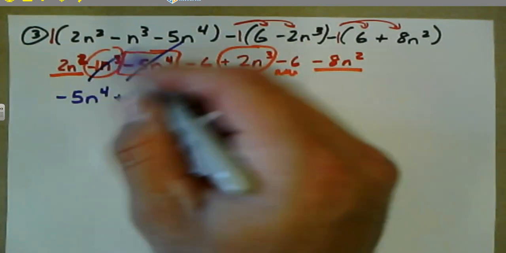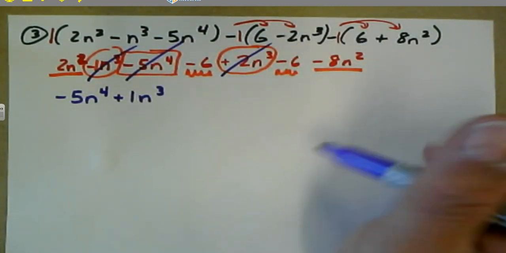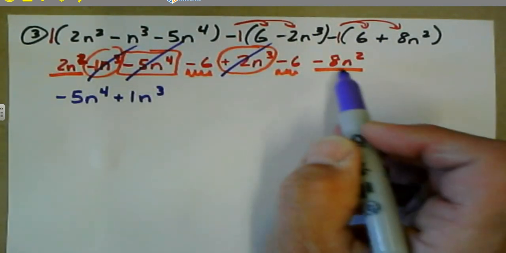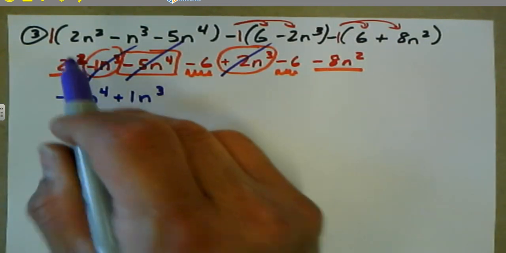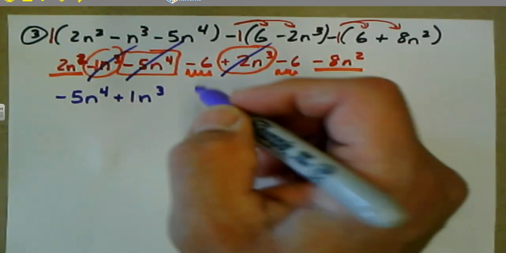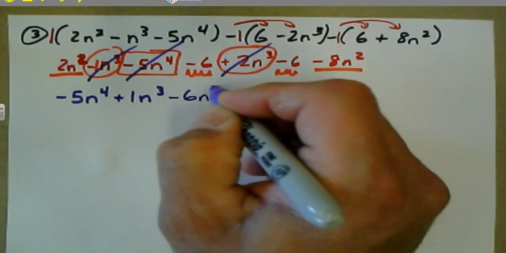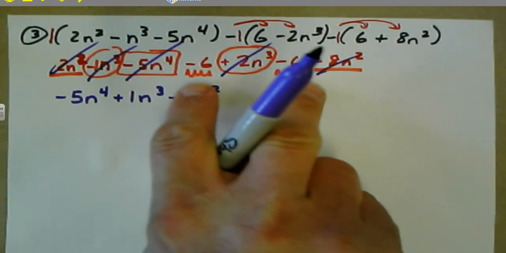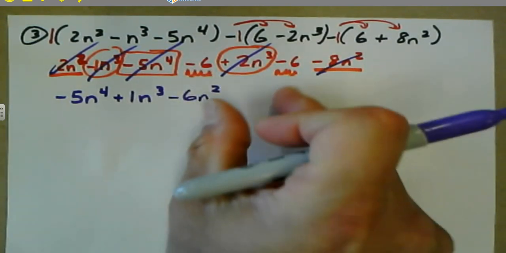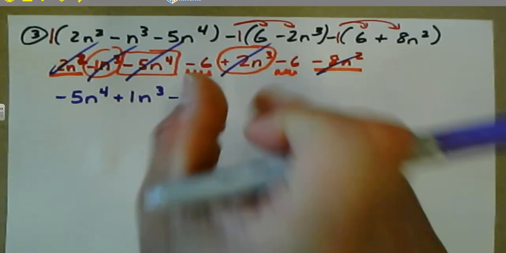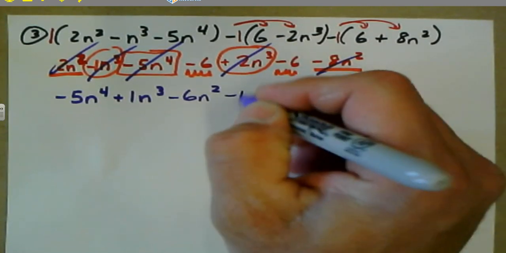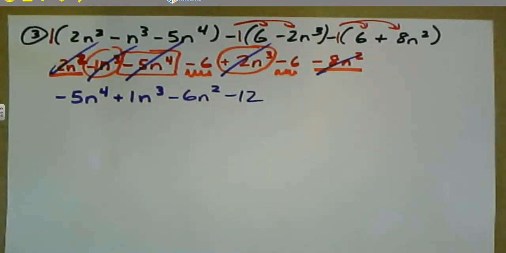So we've done that one, we've done that one, we've done that one. 2 minus 8, because these are n squared's. So 2 minus 8, negative 6n squared. Done that one, done that one. Negative 6 plus negative 6, right here. Negative 12. That's how we got there.